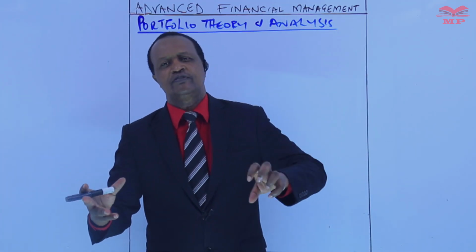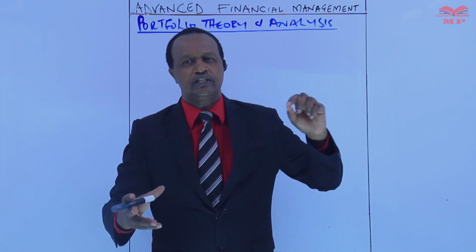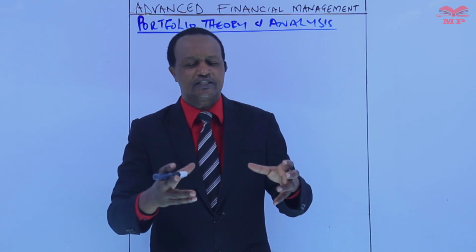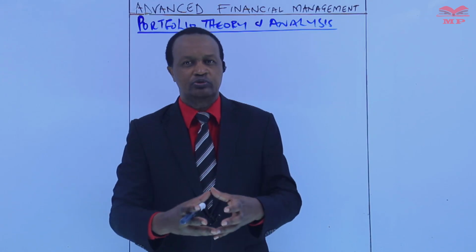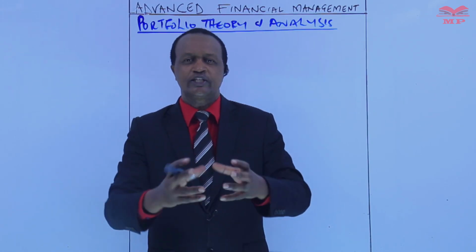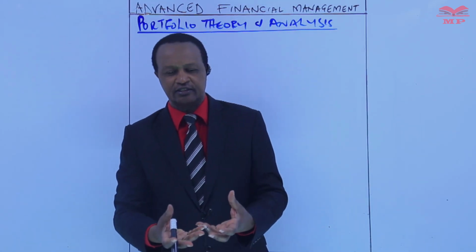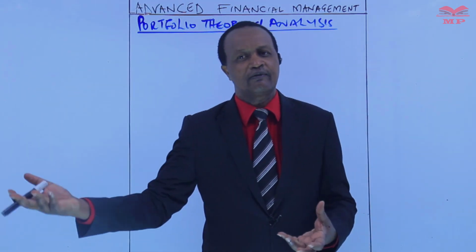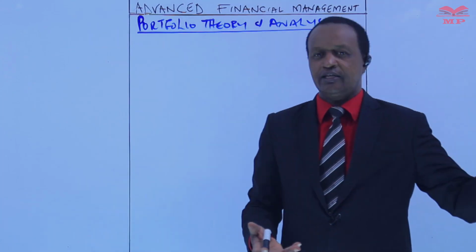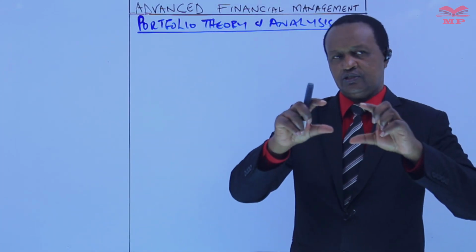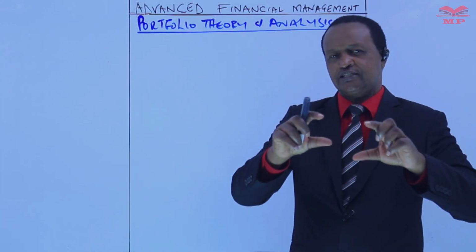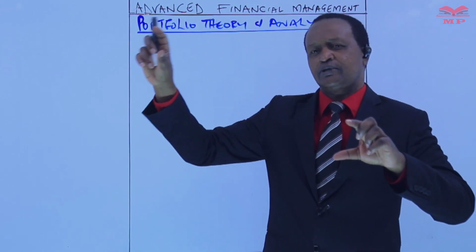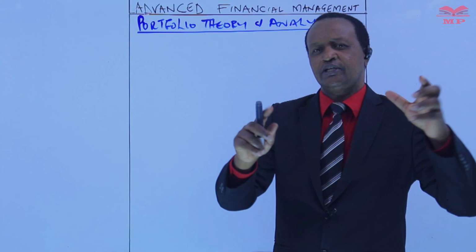So if an investor has 2 or more investments, then we say the investor has a portfolio. It could be 2 assets, like stocks in company A and bonds in company B. The collection of those 2 assets, that is a portfolio.